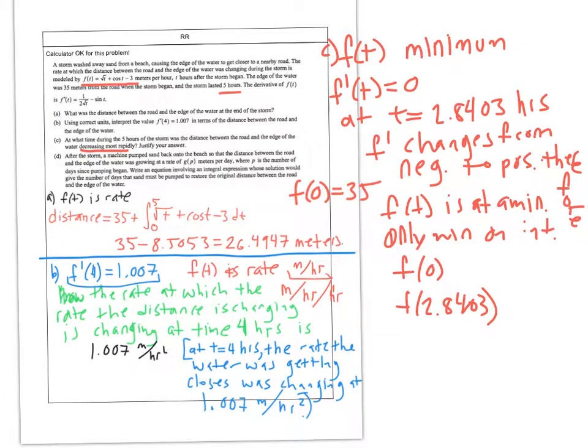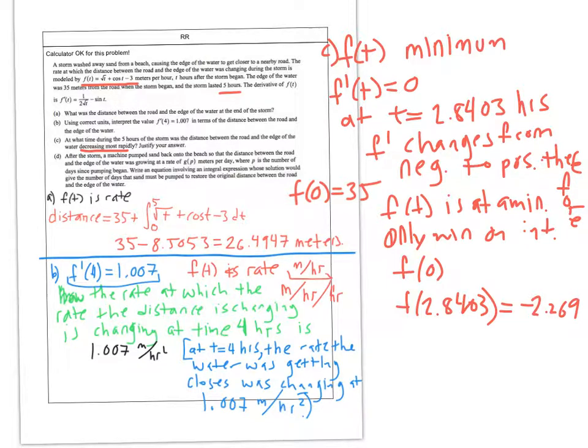Okay, so I'm going to do square root of x, and then plus cosine of x, close parentheses, minus 3. And I stored that value as x, so f of 2.8403 is going to be negative 2.269.